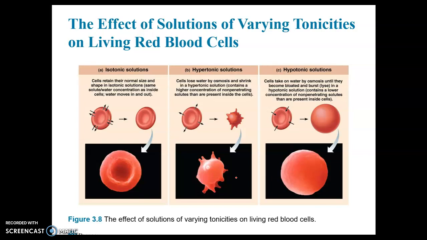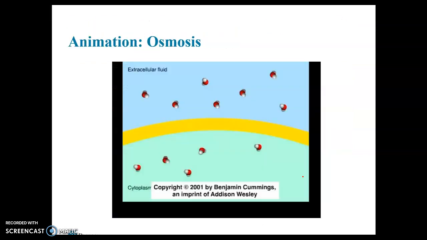And if it does that, it's called crenation. And then if it's placed in a hypotonic solution like distilled water, a solution that has a lower concentration of solute than inside the cell, then water will move into the cell, it will swell, and it can burst. This is called cytolysis.